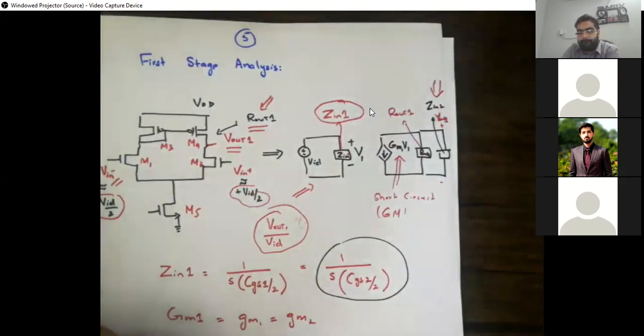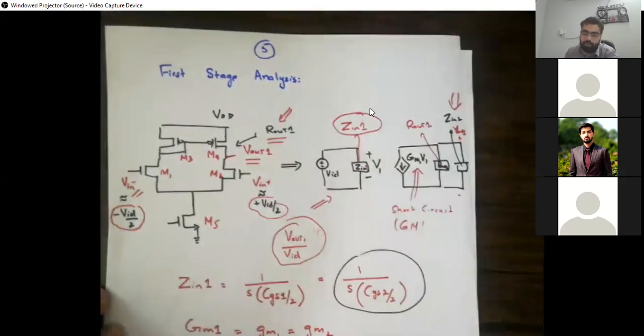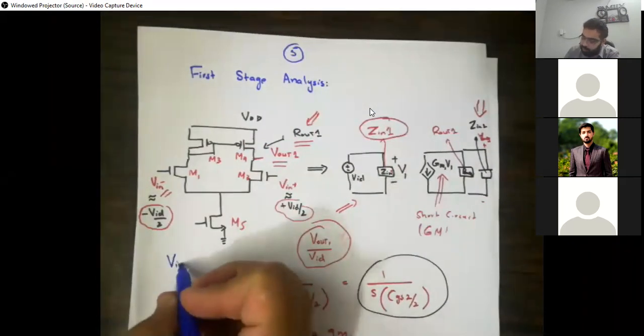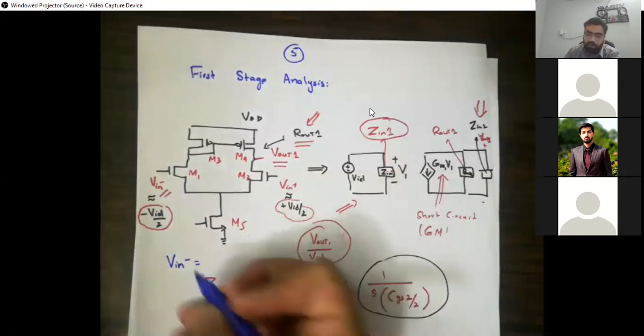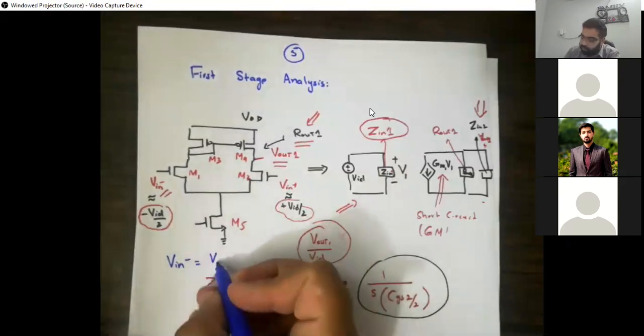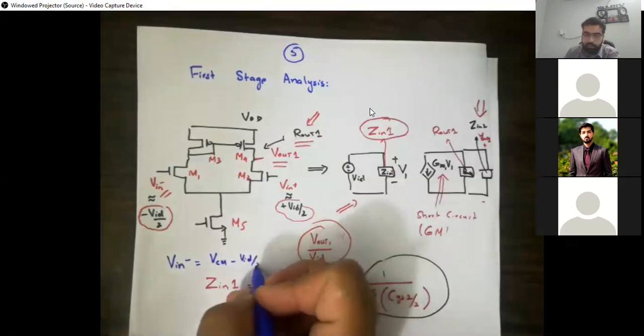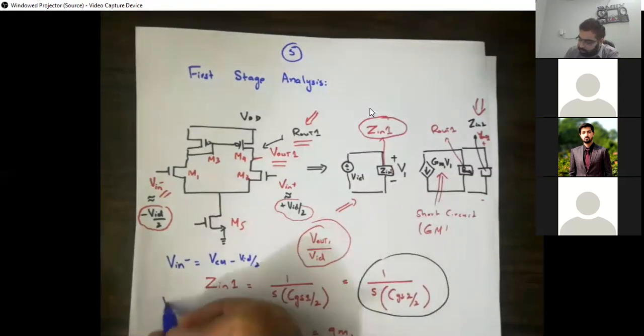Sir, could you repeat कि V in equals to VID by 2 क्यों है? I missed that point. ठीक है. So we are just assuming at this moment कि it's a differential signal. हम लोग क्योंकि आपके पास जो सिग्नल होता है, ये क्या होता है? V in negative in reality क्या होगा? V common mode minus VID by 2, right? और V in positive क्या होगा?